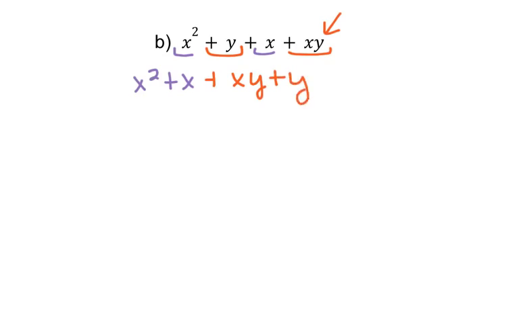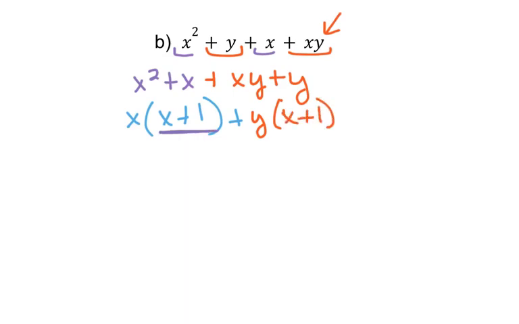So let's see, can I factor anything out of the purple, the x squareds? Looks like I could factor out an x, and I would get x plus 1, and then plus, what can I factor out from the other one? It would be a y, so then that would be parentheses x plus 1. Oh, weird. These two match up, so that's planned. You want that to happen.